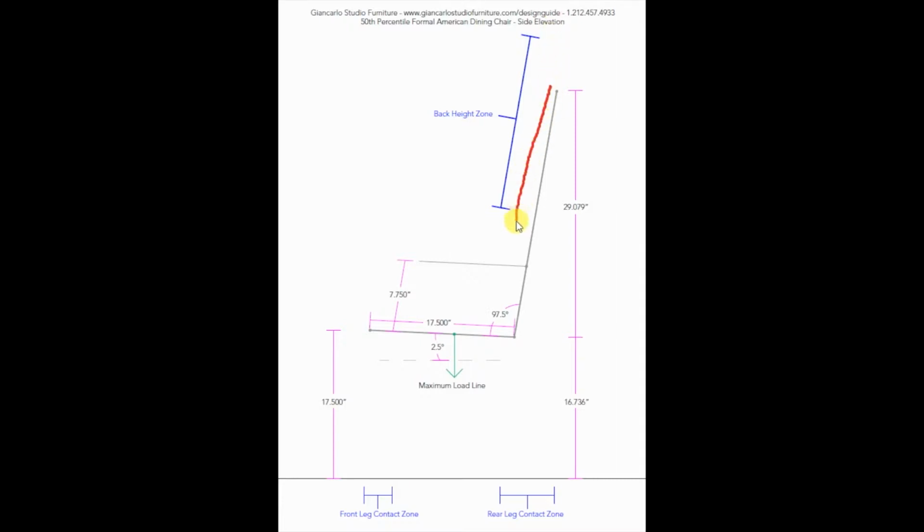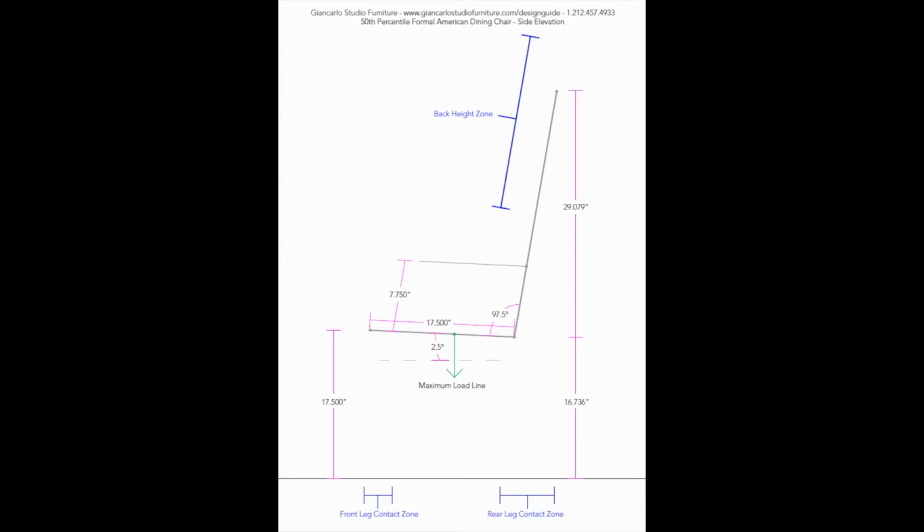The gray line that defines the seat back depicts the plane at which the back of the user must be supported. The length of the gray line that defines the seat back is 29.079 inches from the seat and represents the shoulder height of the 95th percentile male. 29.079 inches is the most common seat back height amongst dining chairs for this reason.